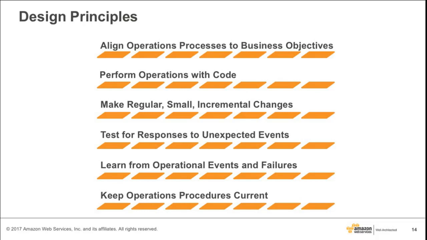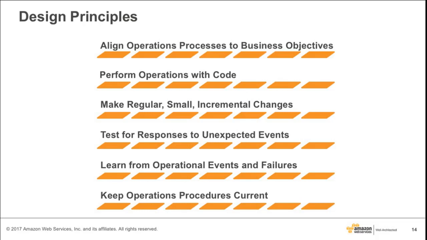Again, in the cloud, these constraints of a traditional environment are removed. Changes can be consistently implemented by code, and success can be measured against business metrics. By automating change and making incremental changes, risk can be reduced.